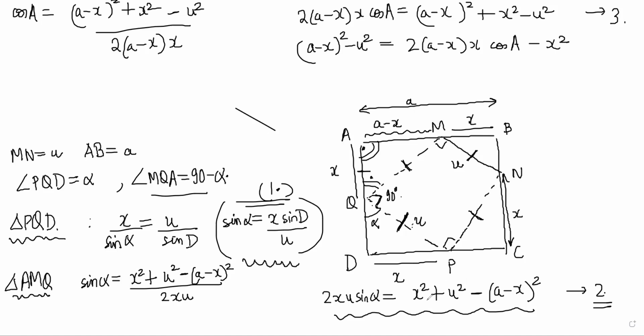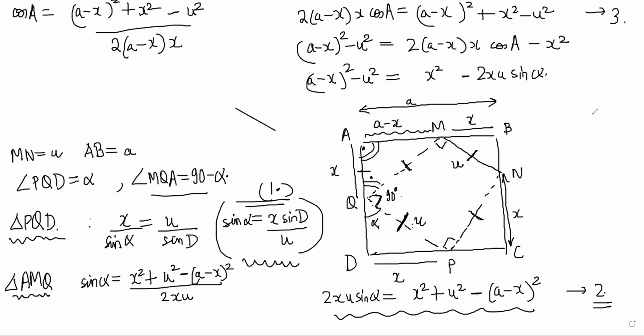And from 2, (a − x)² − u² is equal to basically x² − 2xu sin α, right? That is what we are getting, correct?